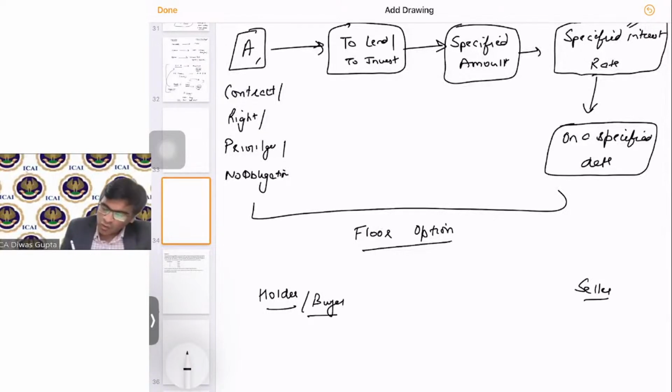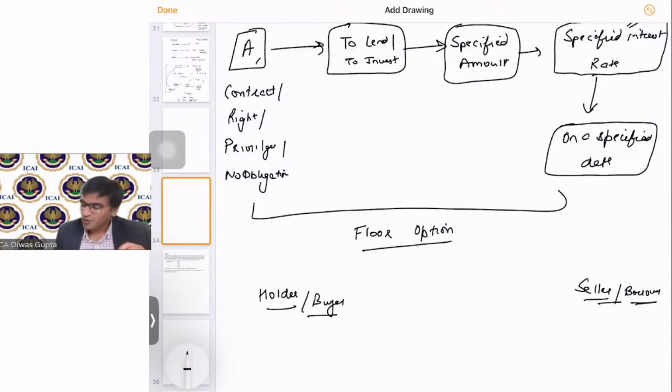Correct? So the holder or buyer is seeing it from the lending perspective. But the seller, who would be the borrower in this case, is seeing it as giving some sort of guarantee.